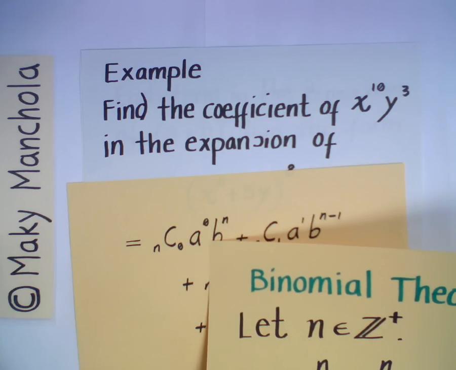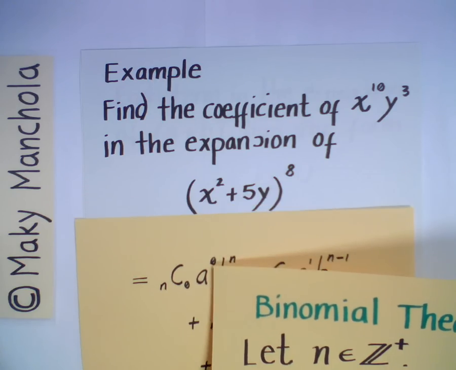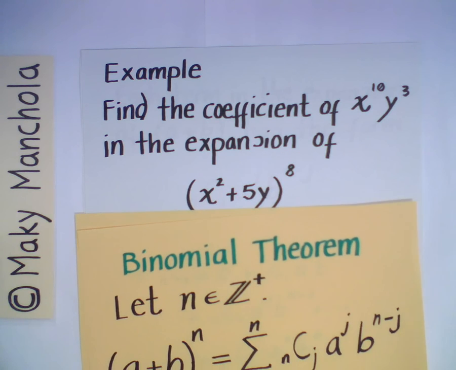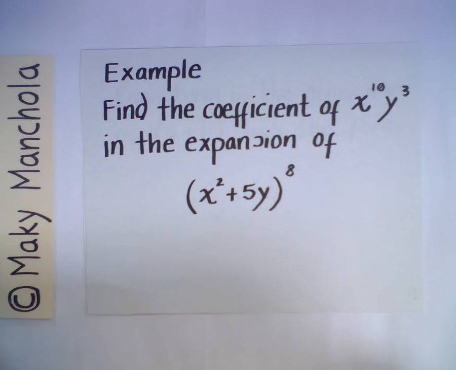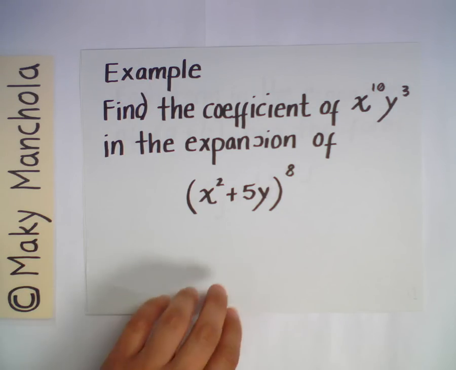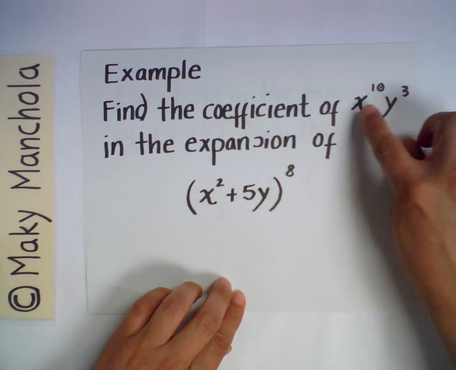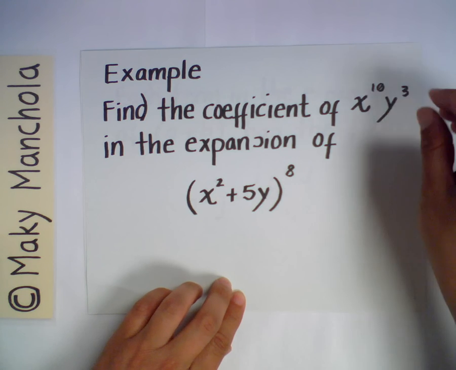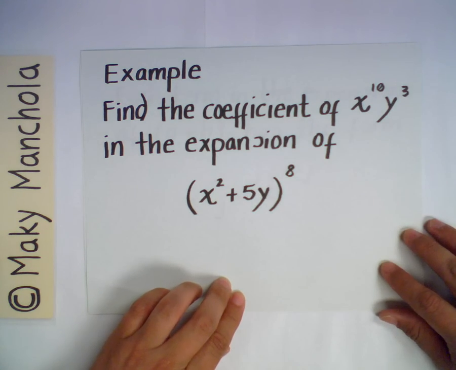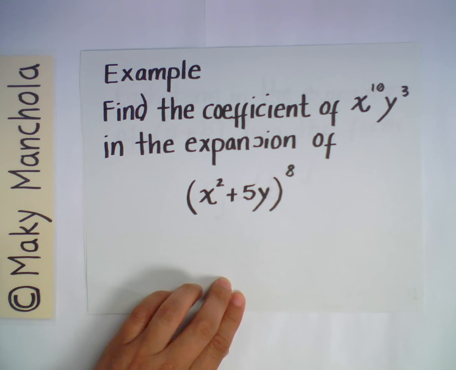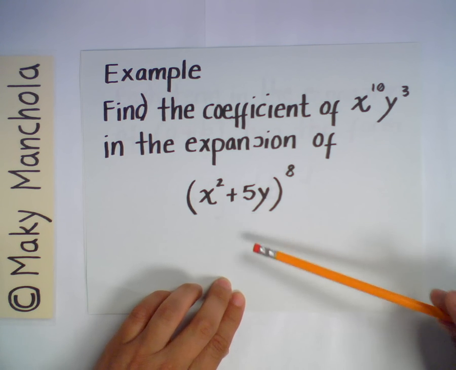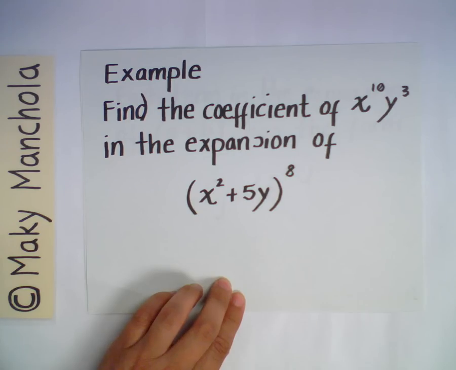Then at the end, you can find which of those terms has an x to the 10 y to the third, and look at its coefficient. Problem solved. But in this lesson we're going to devise a rather direct way, which doesn't involve performing the full expansion.